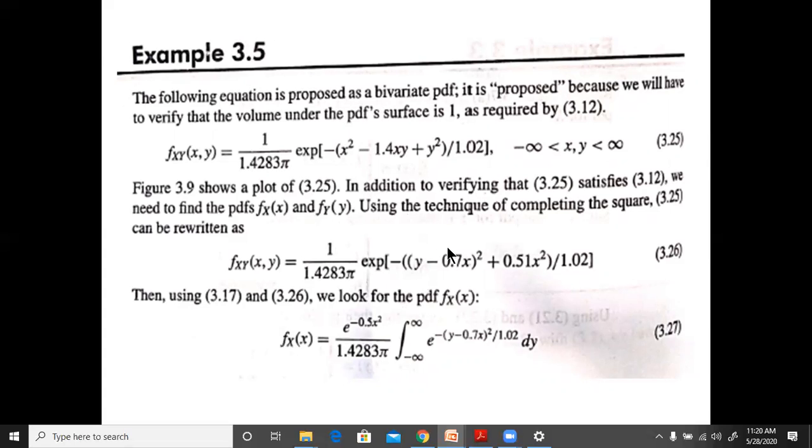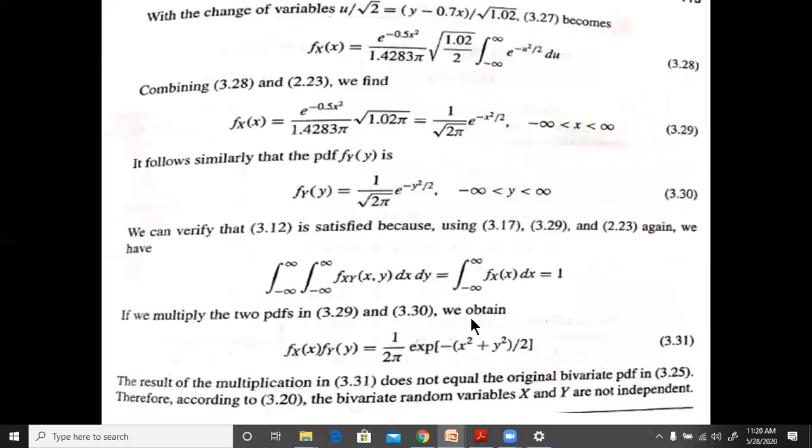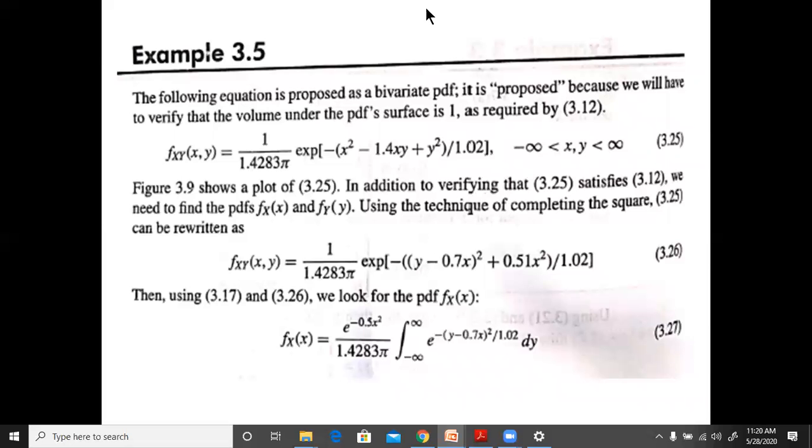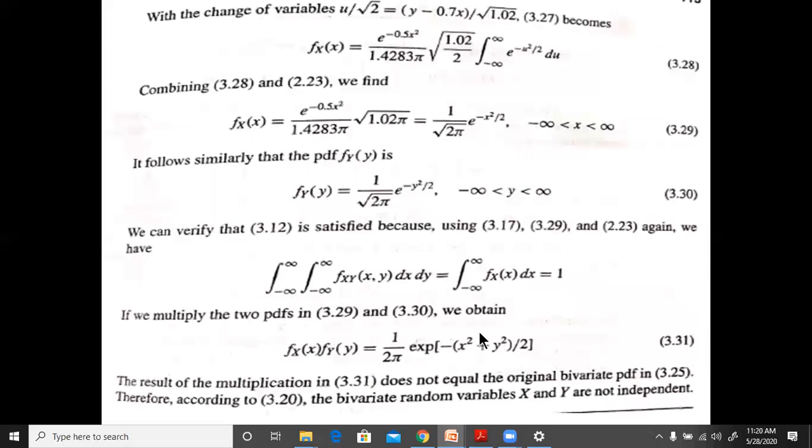Integrating with respect to y, the x quantity can be taken outside, and the inside one has to be integrated. To integrate that, we substitute the whole quantity, that is the root of this quantity, as u by root 2.